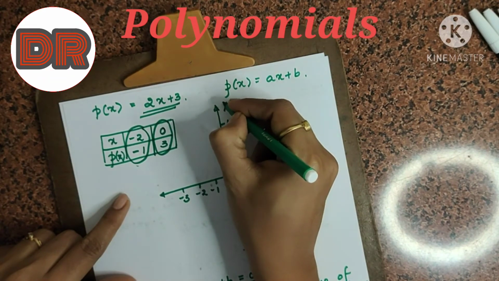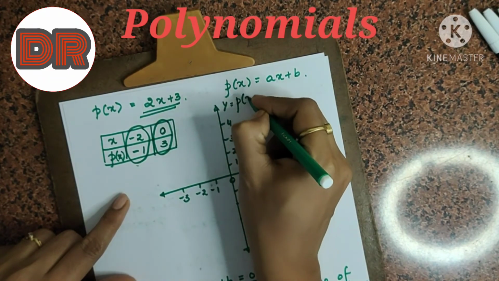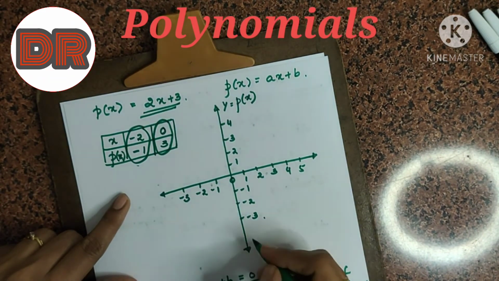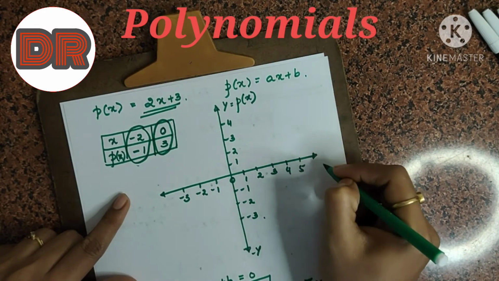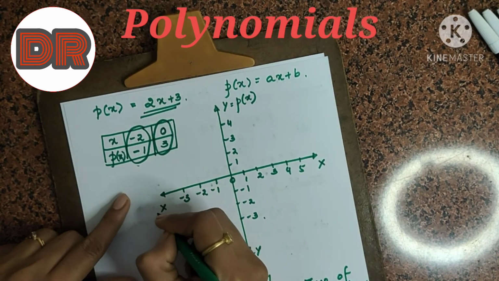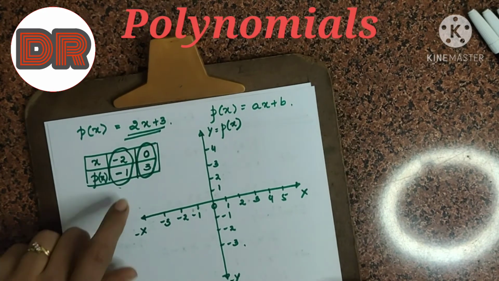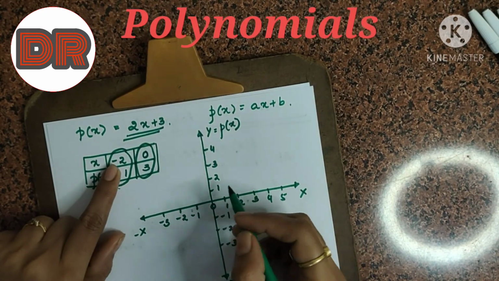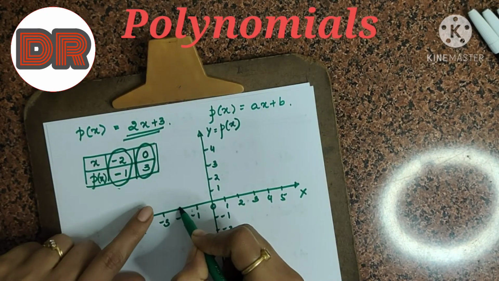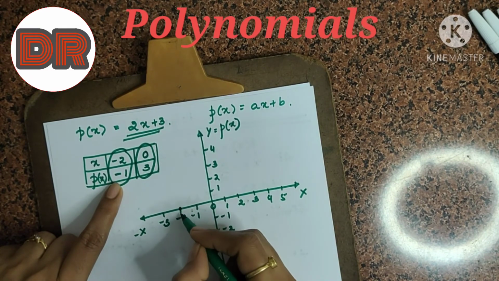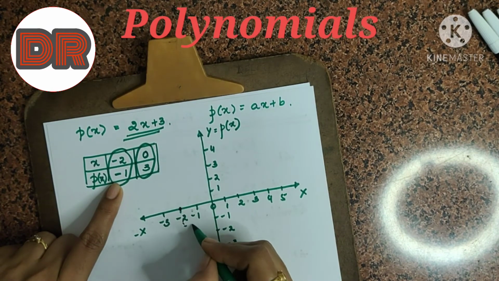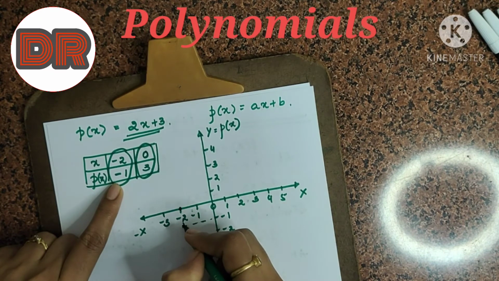We need 2 points to plot the graph. Let me take this axis as y, which is p of x, this is negative y, this is positive x, and this is negative x. Now when the x value is -2, where is -2? This one. The y value becomes -1, so this is the particular point.